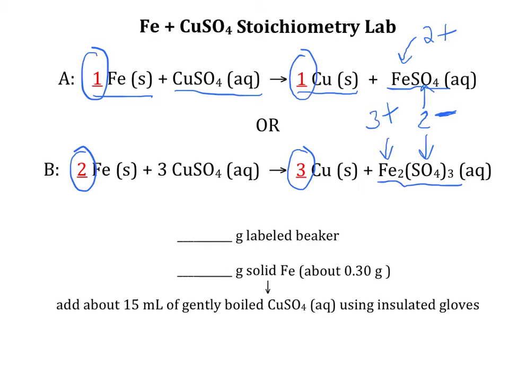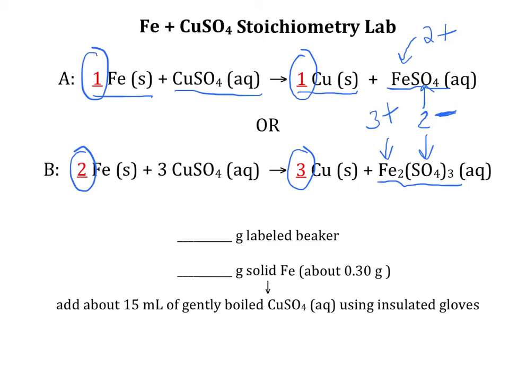We get the mass of the solid iron before the reaction, and we get the mass of the solid copper produced after the reaction, change those to moles, and then get a ratio of moles of copper divided by moles of iron and see if it comes out close to 1, in which case we can assume that reaction A actually happened. But if your ratio of moles of copper divided by moles of iron comes out 1.5 or 3:2, then you can say reaction B happens. So it's using stoichiometry to determine the correct balanced equation.